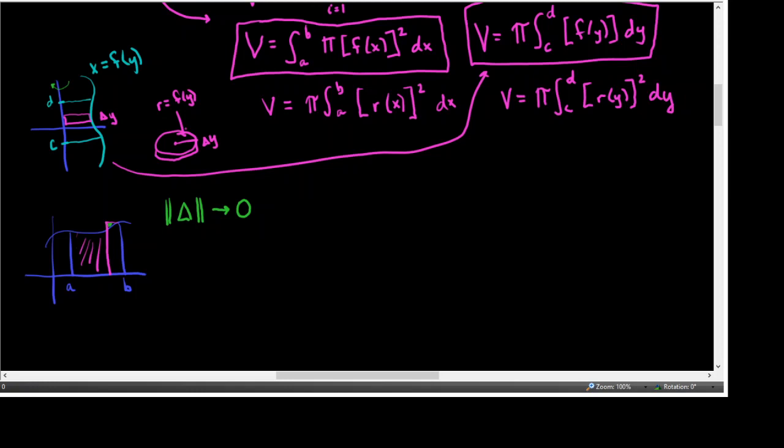Now, if delta x is always the same width, which you do get if you use b minus a over n, that means they're all equally wide, then having the magnitude of the partition approach 0, that's the same thing as saying let n go to infinity.